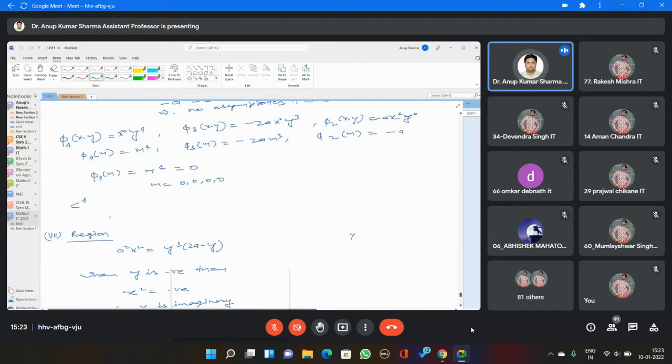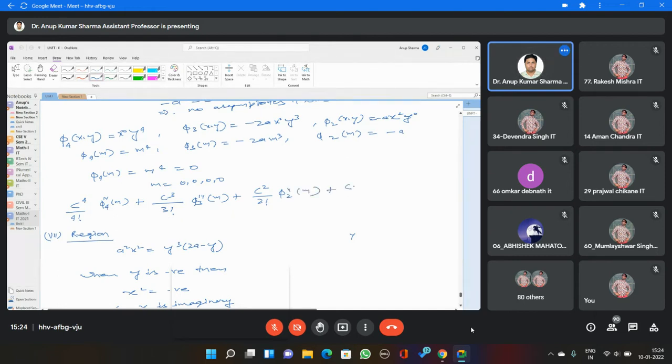So here the roots are repeated 4 times, so c to the power 4 by factorial 4 times phi 4 dash m, and this is the 4 times derivative. Next, c cube by factorial 3 phi 3 triple dash m plus c square by factorial 2 phi 2 double dash m.